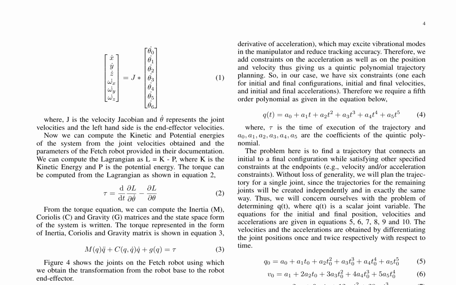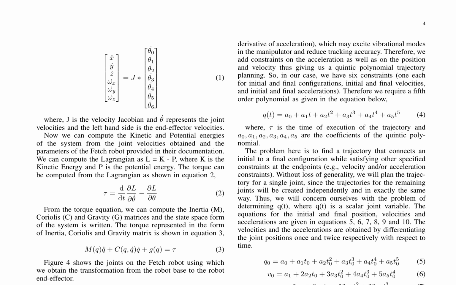The velocity Jacobian, denoted as J, computes end-effector velocities from joint velocities, represented as q-dot. The kinetic and potential energies of the Fetch robot system are calculated from joint velocities and robot parameters. The Lagrangian, L, is the difference between kinetic energy, K, and potential energy, P. Torque, tau, is computed from the Lagrangian using the equation tau equals d/dt of partial L over partial q-dot, minus partial L over partial q.